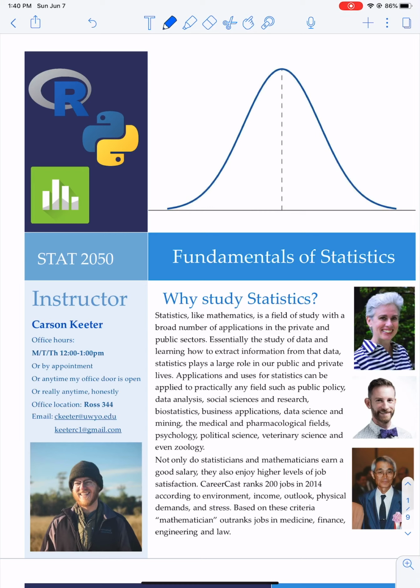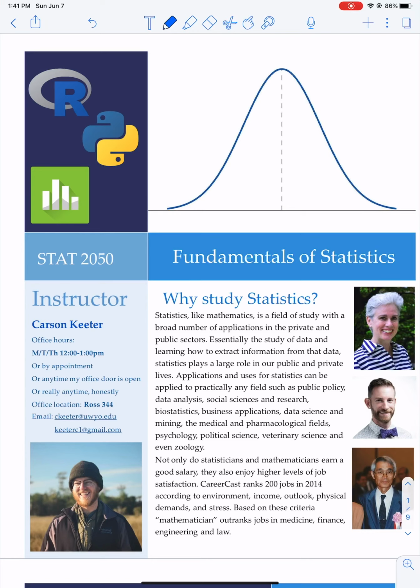On the first page of the syllabus, we've got 3 statisticians here. You're probably used to seeing a quote-unquote dude wall. I'm trying to stay away from that. So instead of having a bunch of pictures of old, dead white people, we're going to have a modern take on statistics.